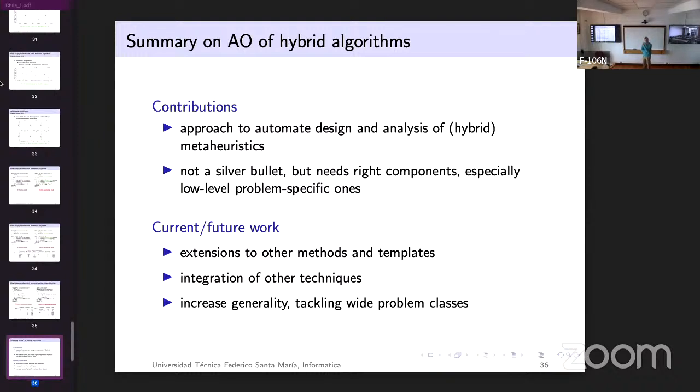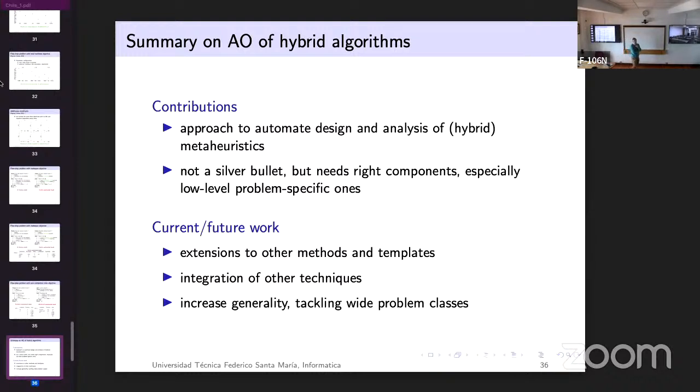It is a major effort if one wants to have state-of-the-art. But here, the state-of-the-art is also with respect to computation. So this is important. But it's not a silver bullet, but one needs the right components, especially the low-level problem-specific ones. So this I have to say.